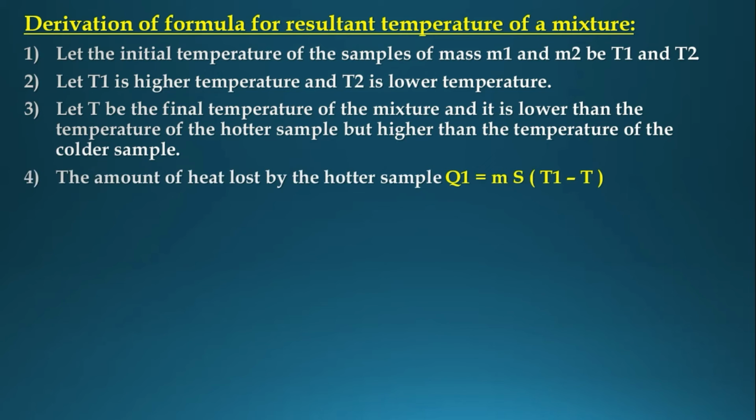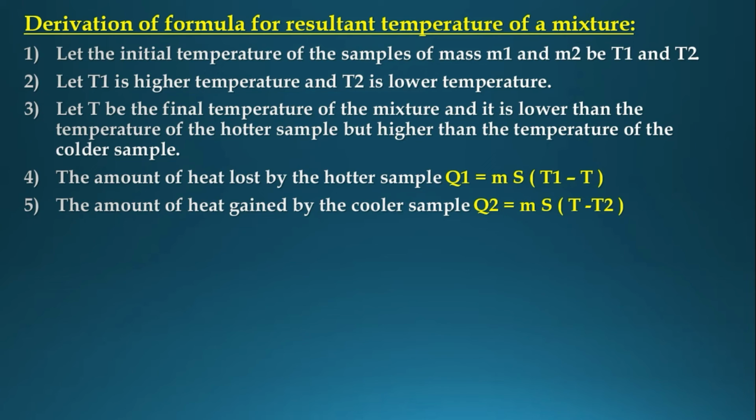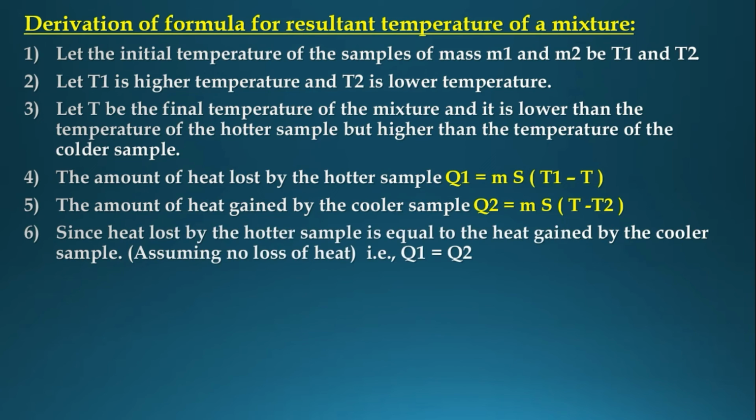The amount of heat lost by the hotter sample will be Q1 is equal to M1 s (T1 minus T). The amount of heat gained by the cooler sample, Q2, is equal to M2 s (T minus T2). Since heat lost by the hotter sample is equal to the heat gained by the cooler sample, Q1 is equal to Q2.